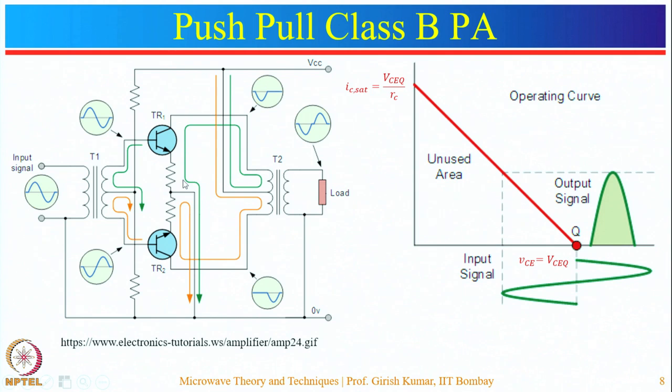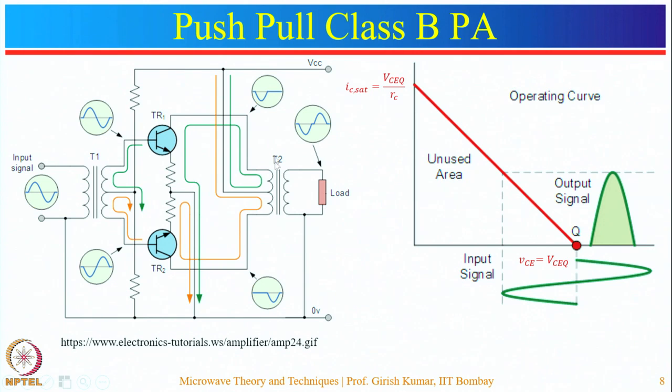So in this case, for the NPN transistor, we know that the emitter base junction should be forward biased in order to start the conduction. So if you see here, this half cycle will provide the forward bias to this transistor. So output will appear for this much duration.